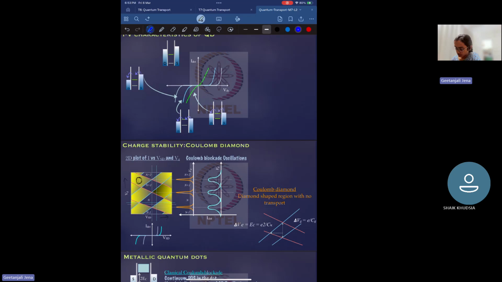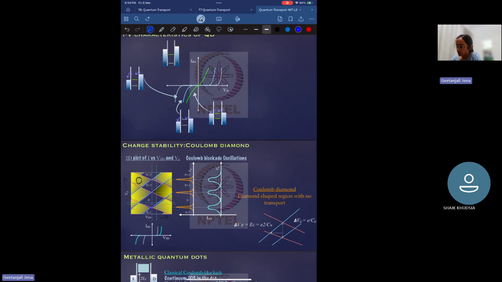These lines are the parabolas corresponding to different energy levels. And we see that there is a diamond region forming around the center of this 2D plot. This is the region where we see no transport of current. So inside this diamond region, there won't be any transport of charge carriers.